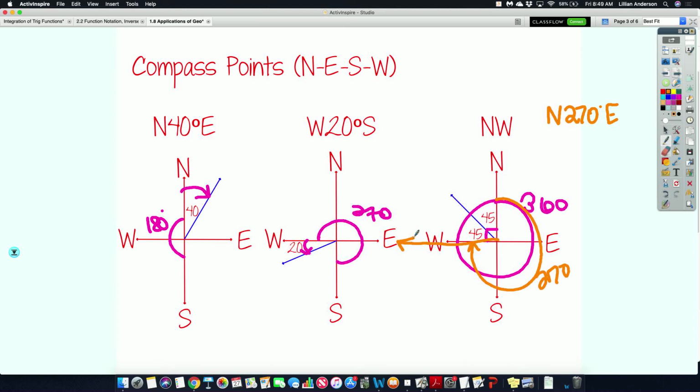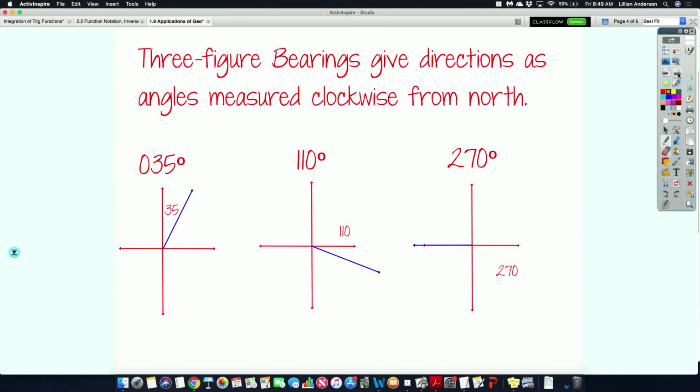But what I have seen being used with the larger angles, the more obtuse angles, is three-figure bearings. They're also known as true bearings.